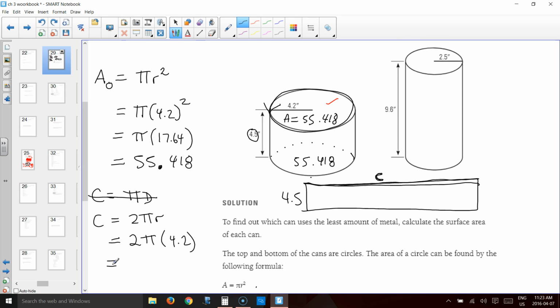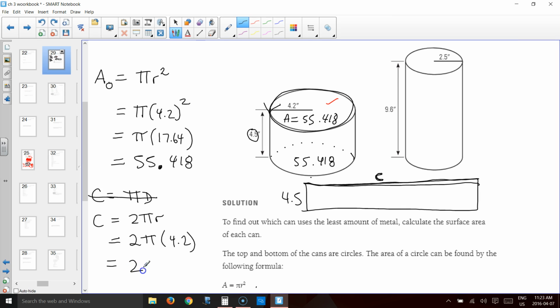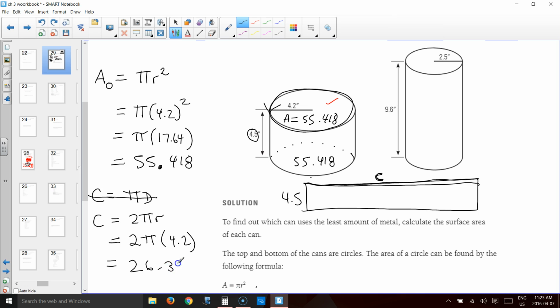Let's go ahead and punch that all into a calculator. So 2 times pi times 4.2 is 26.389. Okay, there it is.